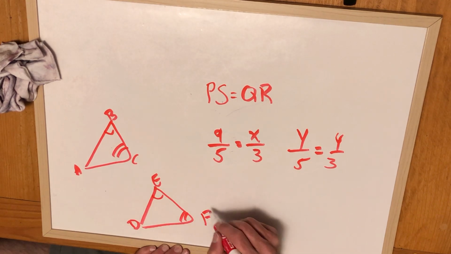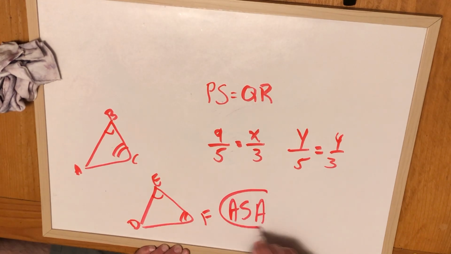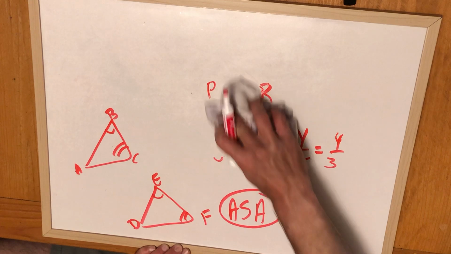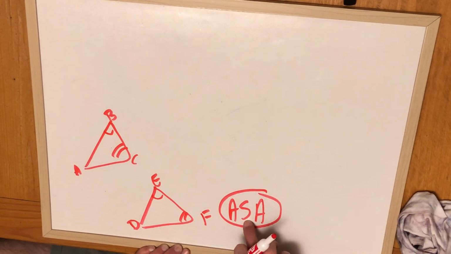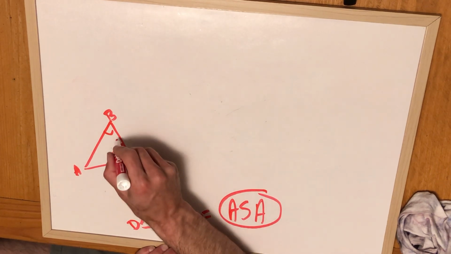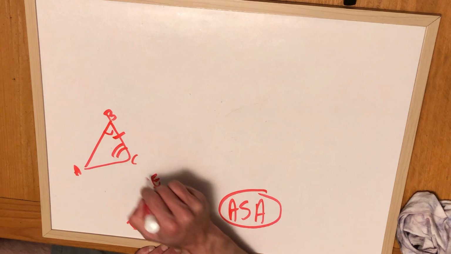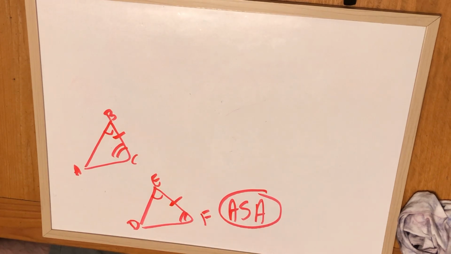Now we have to use angle, side, angle. Look at this. Angle, side, angle has two angles and a congruent side in between. So you would have to show that BC is congruent to EF, because that's the only side that is in between those two angles.